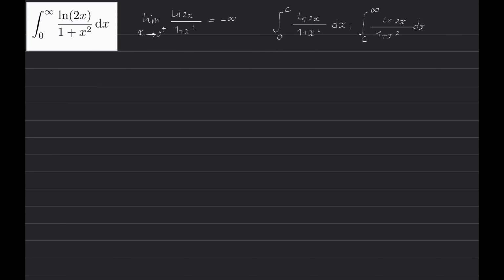To do that, I have to show that this integral converges, so I have to make sure that each of these integrals, for some particular choice of positive number c, is convergent. Because you know that ln of a number is positive or negative depending on whether the number is greater than 1 or less than 1, I don't want a mixture of signs for ln of 2x. So let me choose c to be 1/2.